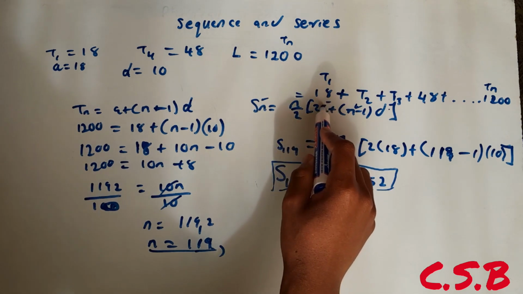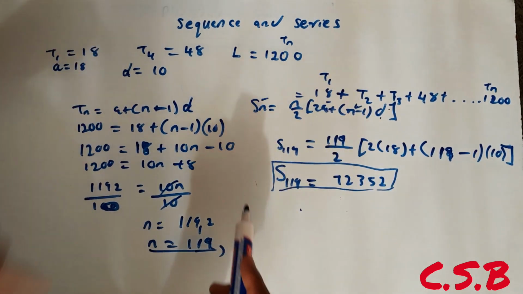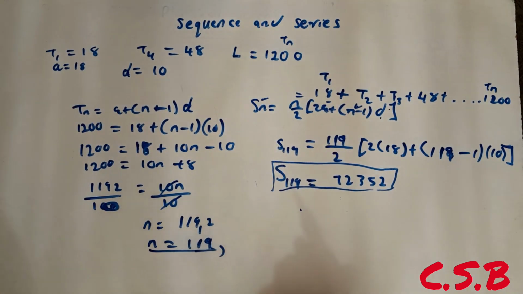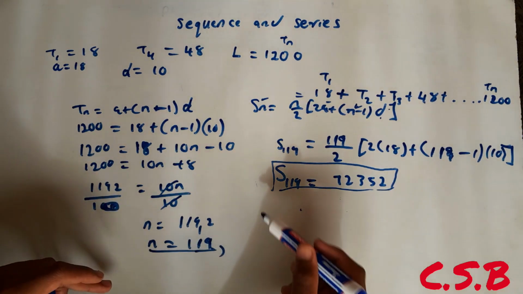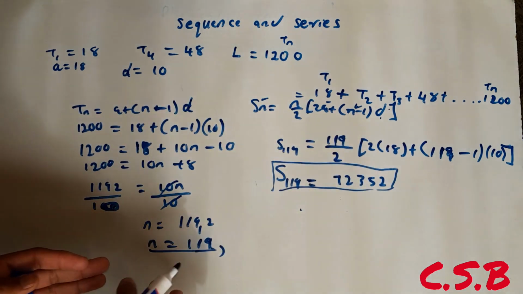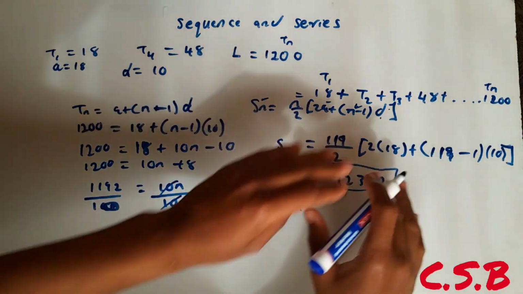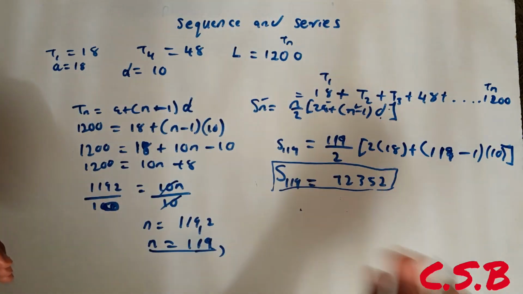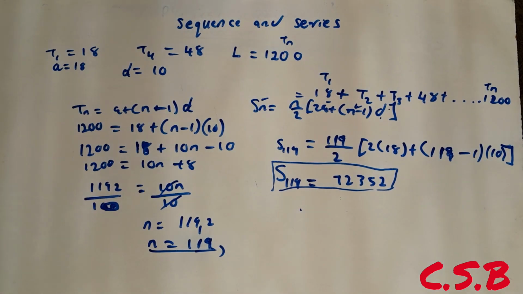Then you already have your a, which is 18, and your d, which is the difference. You're going back, because this time we were solving the sum. But if you were given the sum, you just reverse this, working backwards, and you will find the number of terms. It's nothing problematic here.